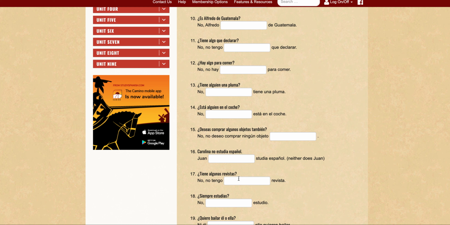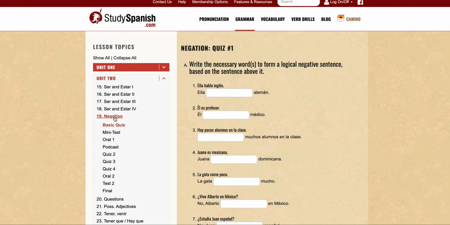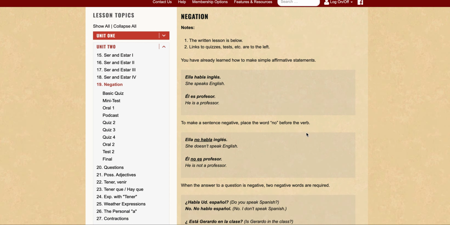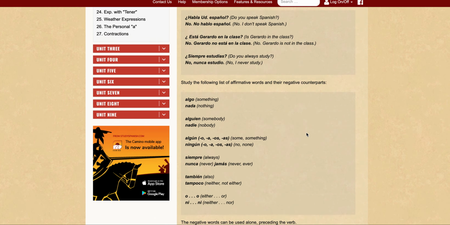Notice that instead of revistas, they made it revista. So I'm not sure if it's going to change the form, right? We are talking about algunas, and the direct opposite of algunas will be ningunas, right?